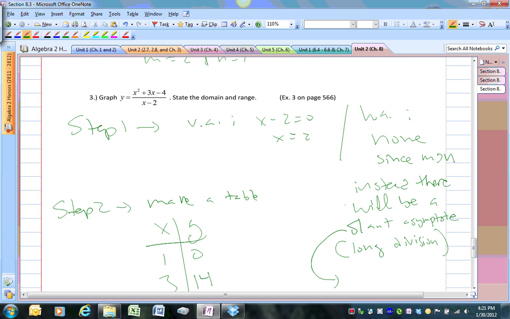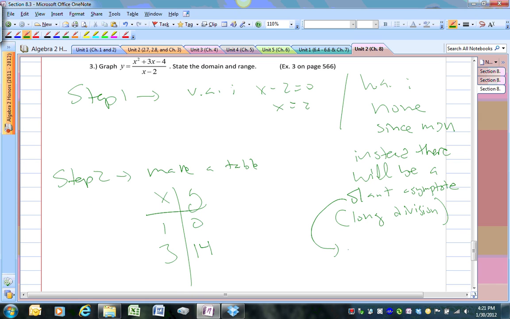So as I said again, you need to use long division. If you remember, you want to figure out how many times x goes in x squared. That's x times. Subtract. You have 5x minus 4.